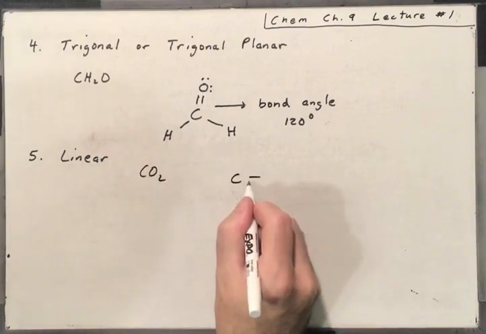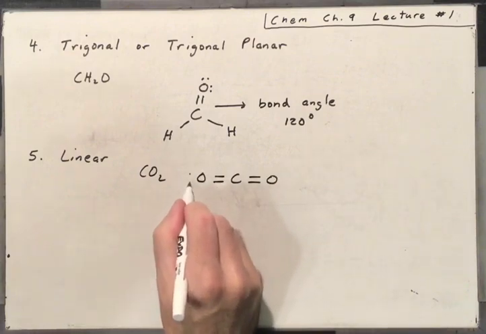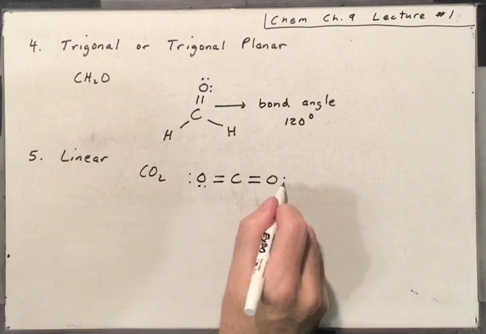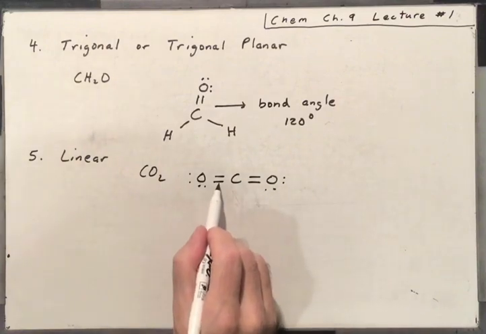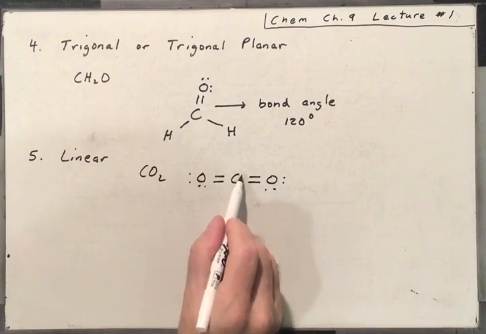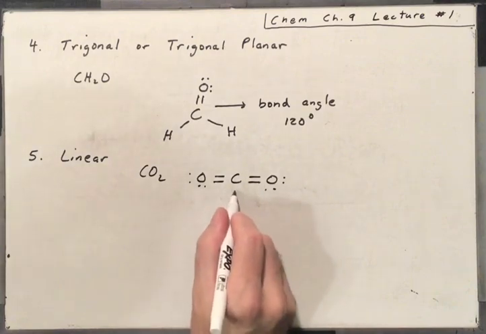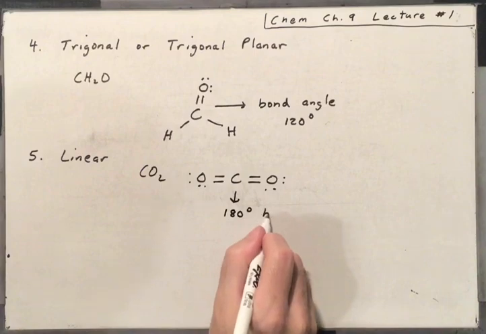All right, so CO2 would be like this, which I believe we drew in chapter 8. Okay, you want these bonds as far apart as possible. There's no unpaired electrons or electron pairs around the central atom that are influencing the shape, so they can get as far apart as possible if they go 180 degrees.